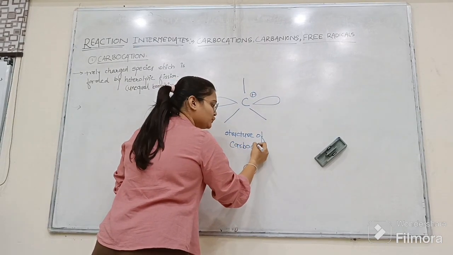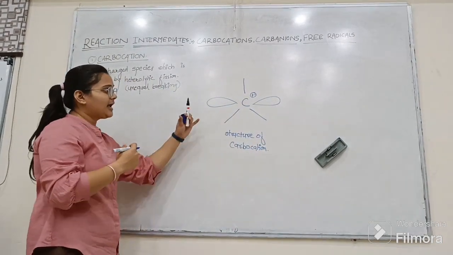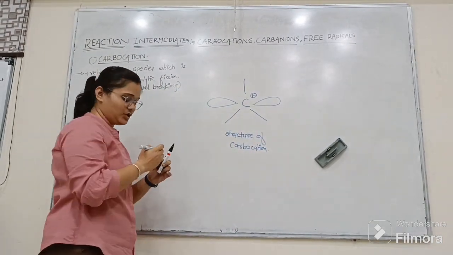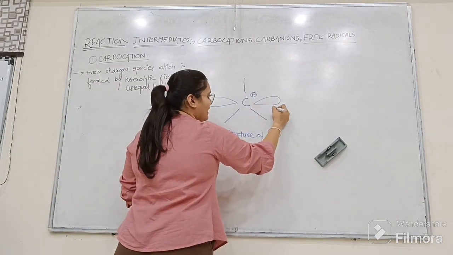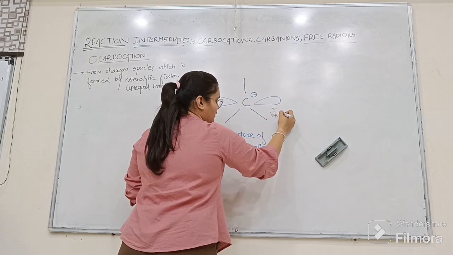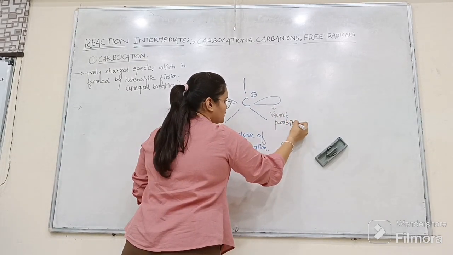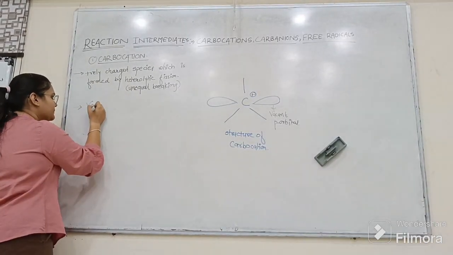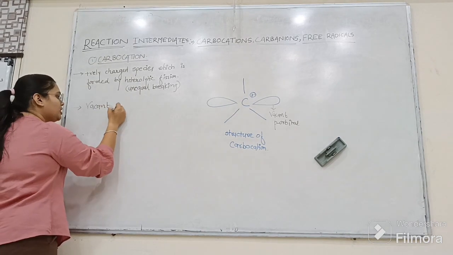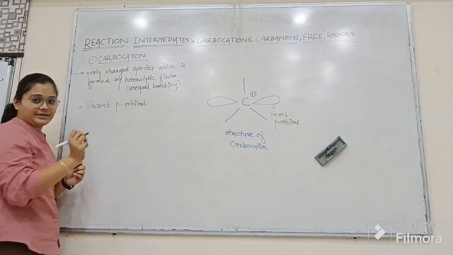Most of the characteristic features of carbocation can be described by this structure. As I can see, there is the presence of a vacant p orbital, so carbocation consists of a vacant p orbital.